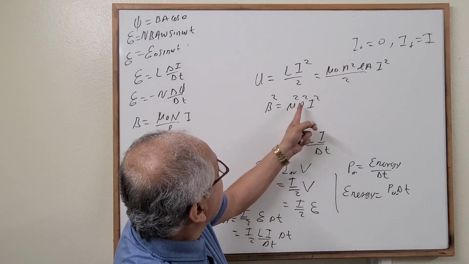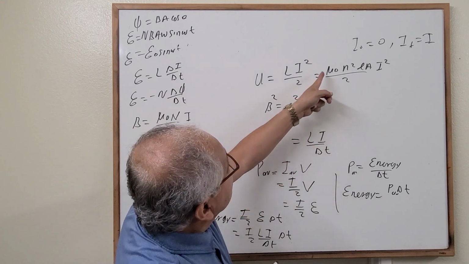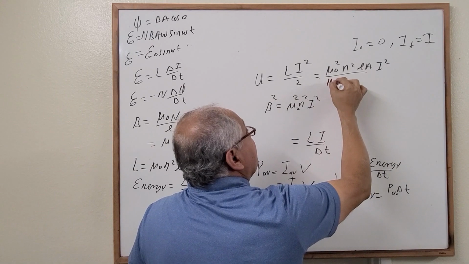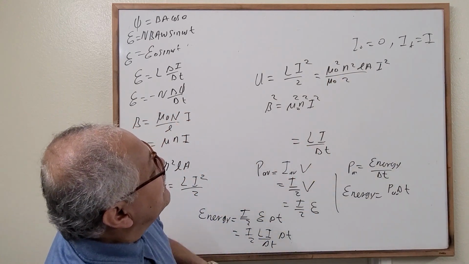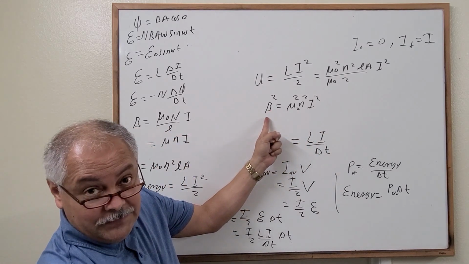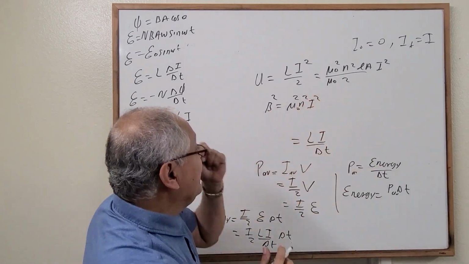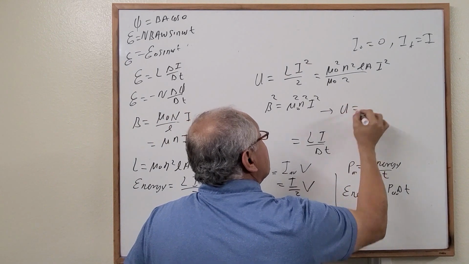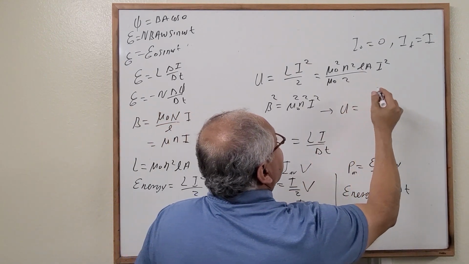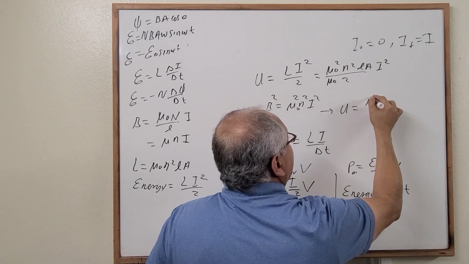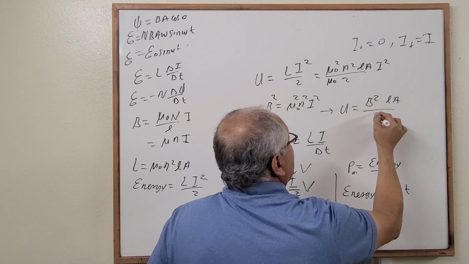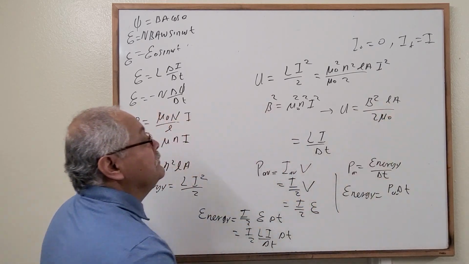This is mu naught squared. If we multiply by mu naught, it's going to be mu naught squared. We have to divide it by mu naught, correct? And now what do we have? This times this is going to be B squared, divided by the rest. So this energy is equal to B squared times L area divided by 2 mu naught.